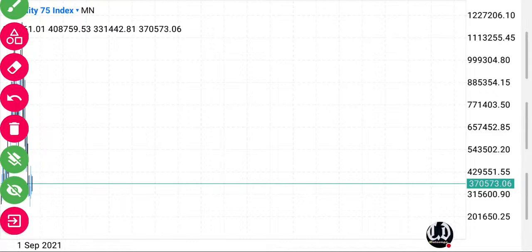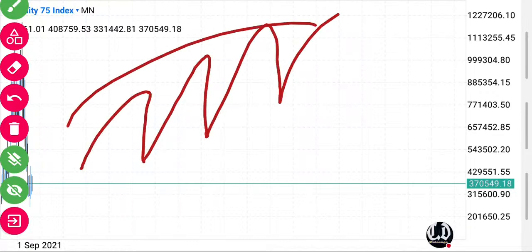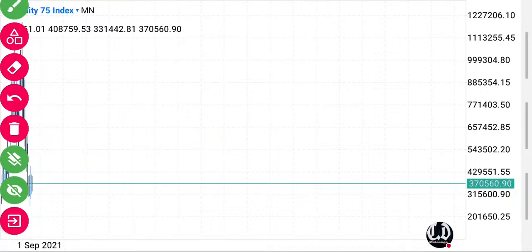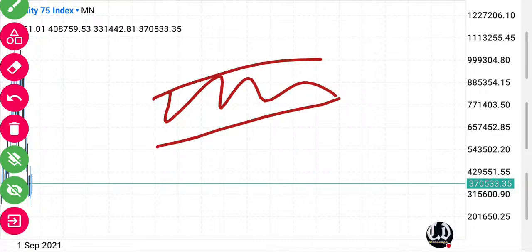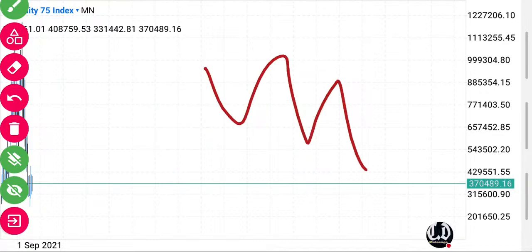So first step, after understanding that I have to find the direction, how do you find the direction? We all know that the market always moves making the high highs, high lows, high highs, high lows. We know very well the market moves making the high highs and high lows, or making the equal highs and equal lows, or vice versa, making the lower lows and lower highs.